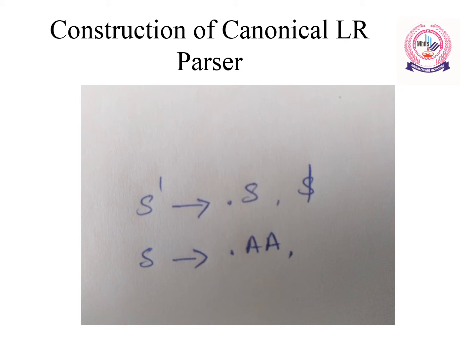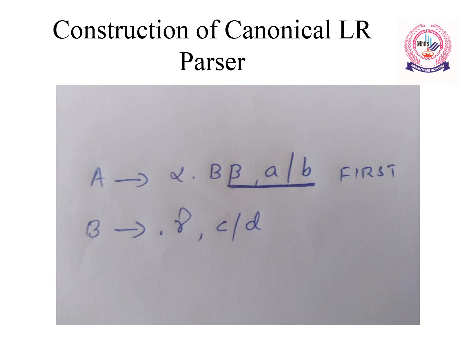So how are we going to identify the lookahead? In order to explain the lookahead, I will give you an example. Consider a production A gives alpha dot B beta. That is a production, and the lookahead corresponding to that production is a or b, that means the terminal symbols a or b.